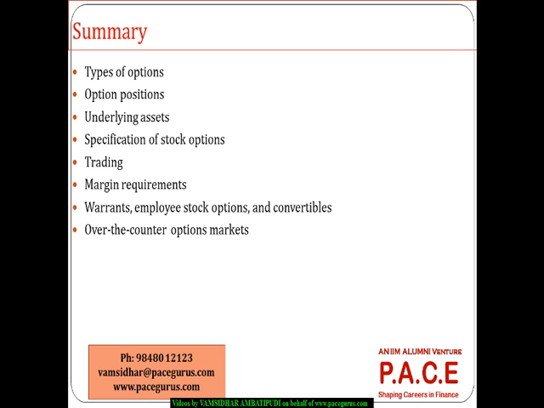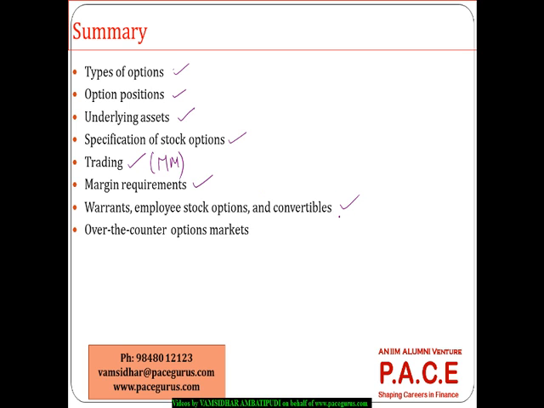Right, so this is what I wanted to cover as a part of this session. Just as a quick recap, we have looked at the different types of options, the calls and puts. We have looked at the positions, long, short, call, put, the different underlying assets that go with the options, the different kinds of specifications associated with stock options, the trading process, the role of the market makers, the margin, how it plays a role, who has to deposit.